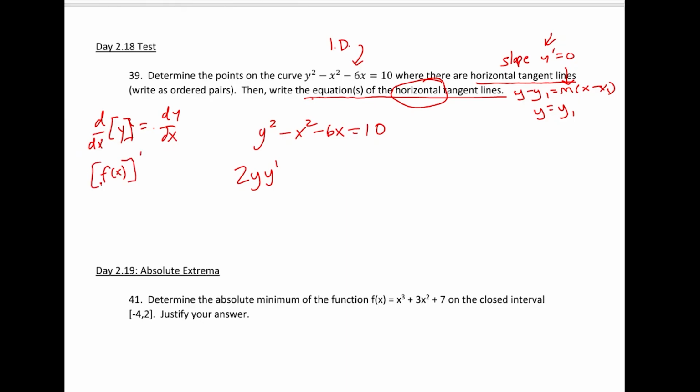The derivative of f of x is just going to be f prime of x times the derivative of x, and the derivative of x is just 1. But if it's a function y, it's going to be the derivative of that function. Anyway, let's move on here.